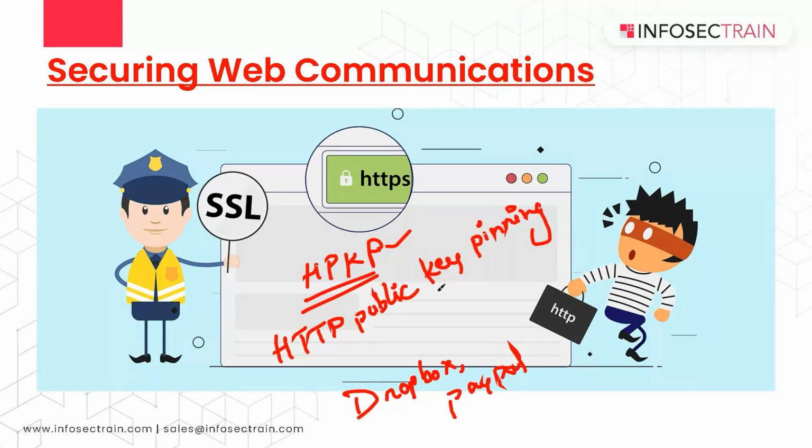In a simple manner, PKI is used for securing communication between different parties, and it helps us create a digital certificate. But HPKP is used to protect against attacks like the man in the middle attack.